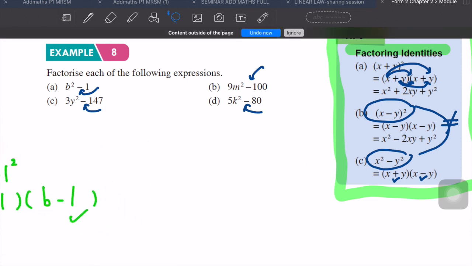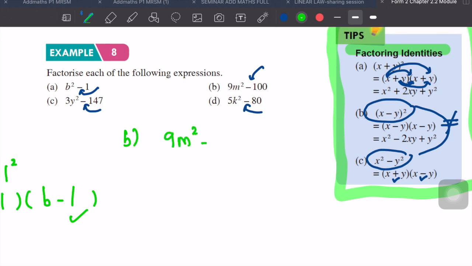Okay, next B. B, you have 9m square minus 100. Sekarang look at the first number 9. 9 adalah perfect square kan? 3 kuasa 2. Tulis 3 square m square minus 100 is 10 square.